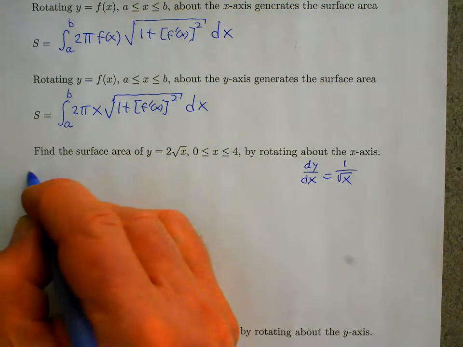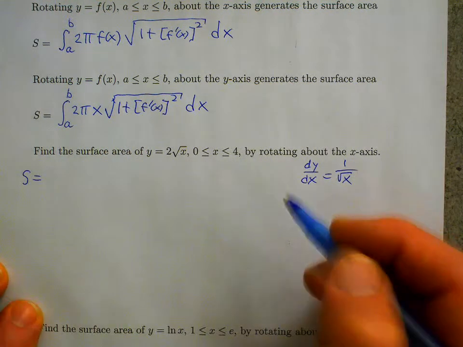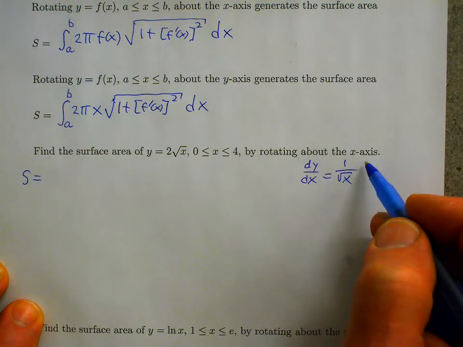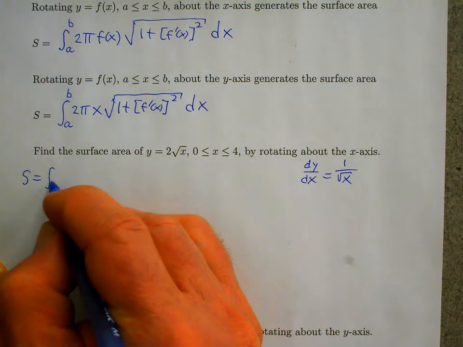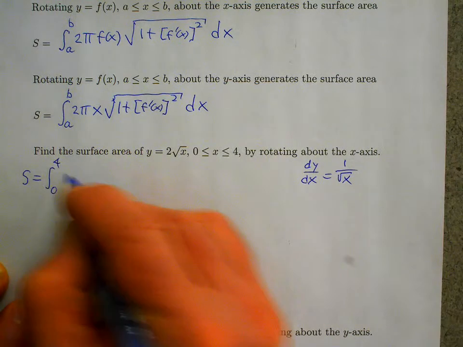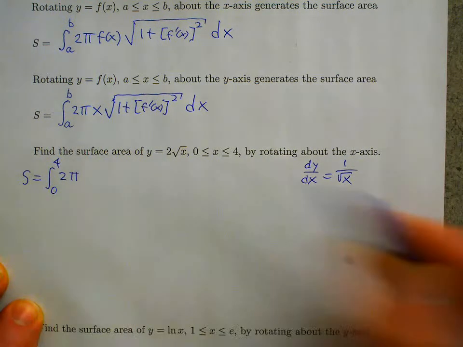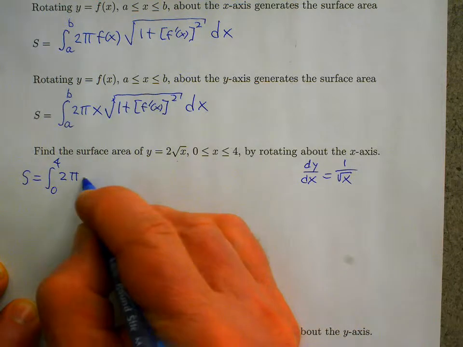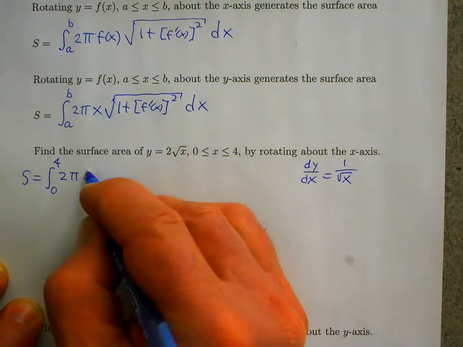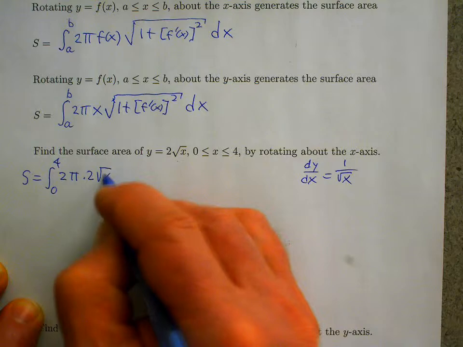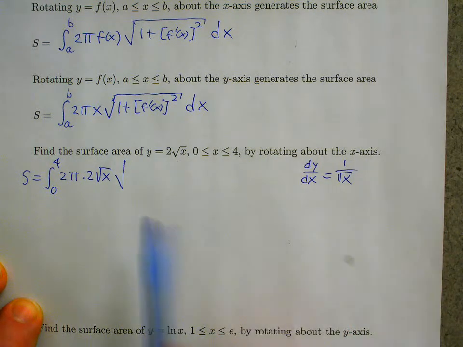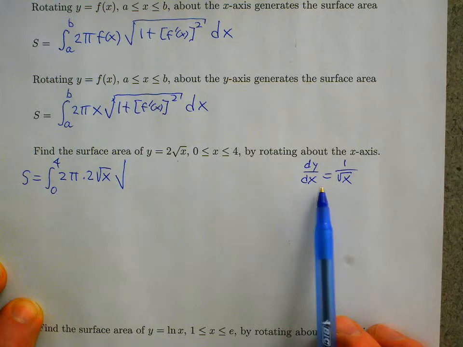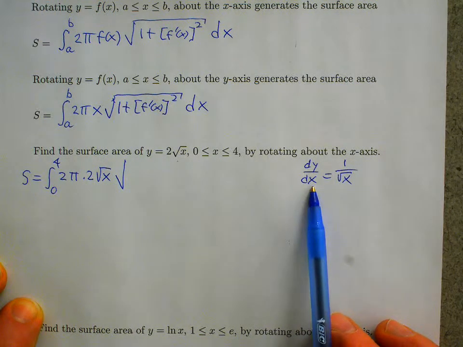Okay, so the surface area, since we're rotating about the x-axis, is going to be the integral from 0 to 4 of 2 pi times our function f of x, which is 2 times the square root of x, times the square root of 1 plus the derivative with respect to x squared.